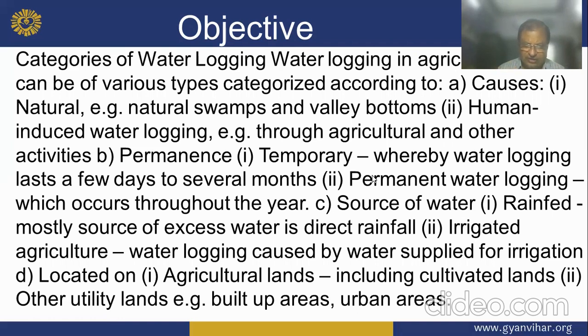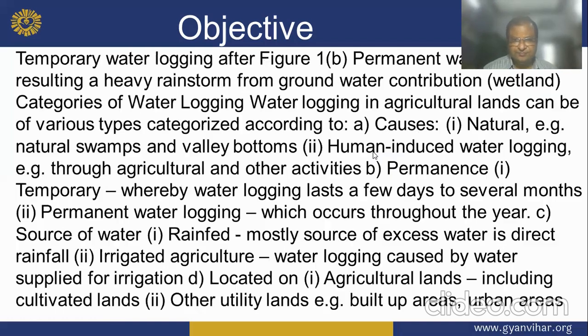So waterlogging is caused by the water supplied for irrigation and located on agricultural land, including cultivated land and others. Other land includes built-up and urban areas.